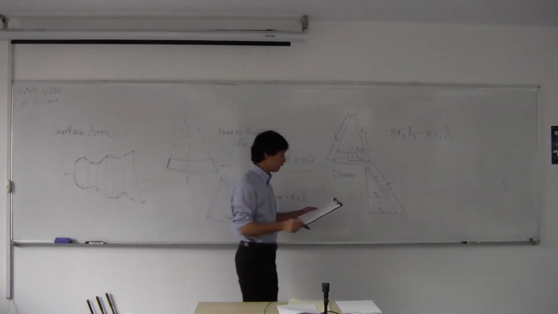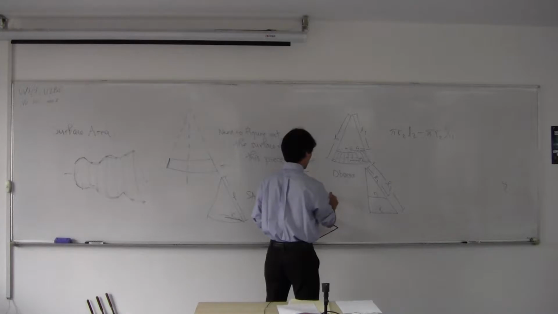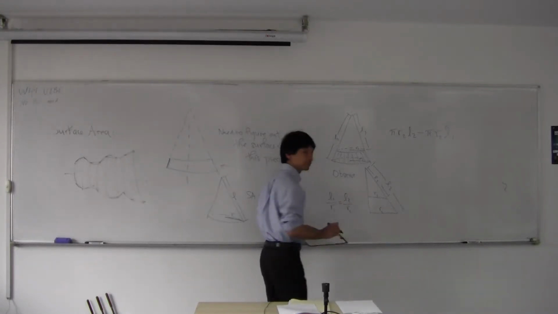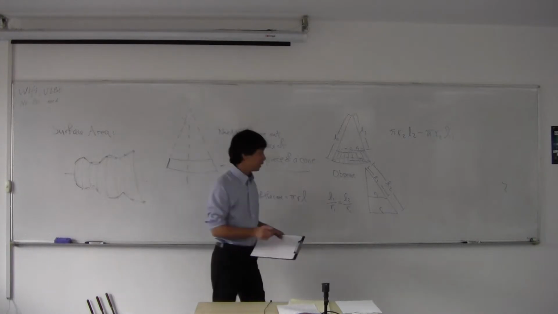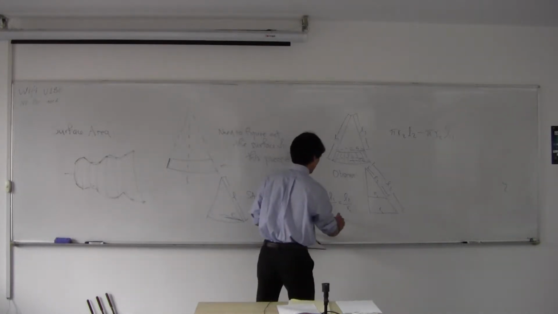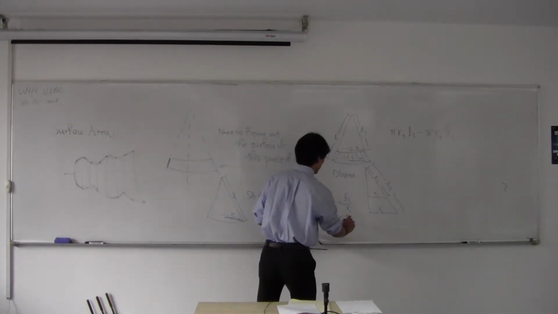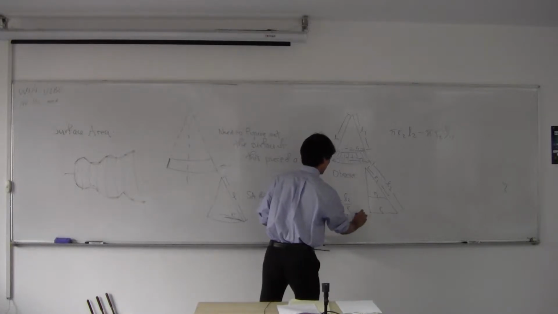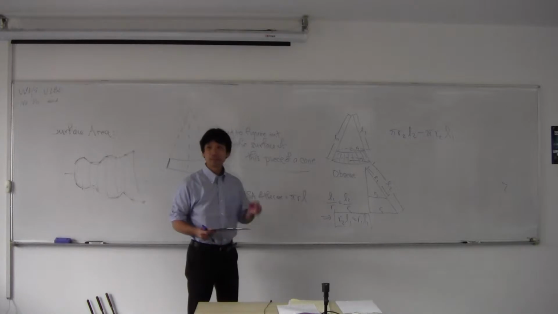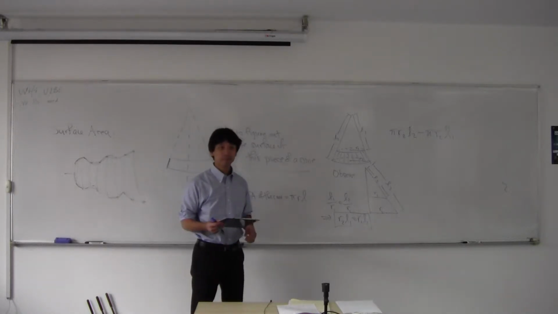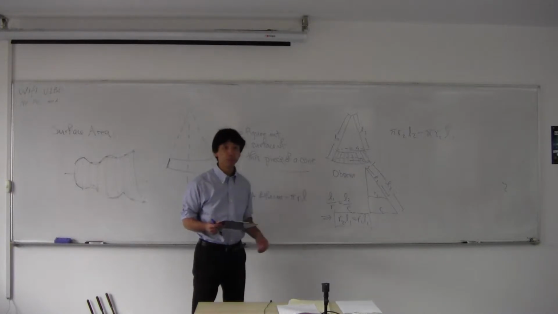Right, so you know that L1 is to R1 as L2 is to R2, and that's the same thing as saying R2 L1 equals R1 L2, by similar triangles.